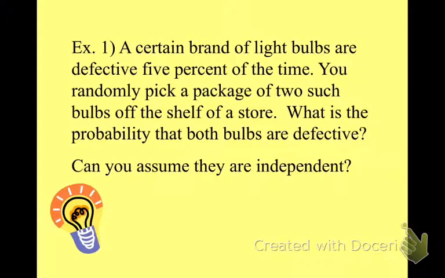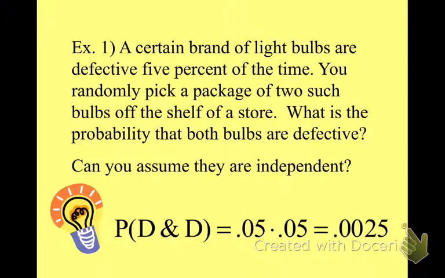So here's an example. It says a certain brand of light bulbs are defective 5% of the time. You randomly pick a package of two such bulbs off the shelf of a store. What is the probability that both bulbs are defective? So can you assume that they are independent? I guess you can't talk back to me, but you can, because one bulb does not affect the defectiveness of another bulb.